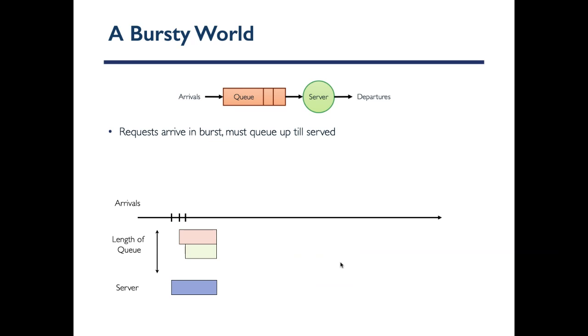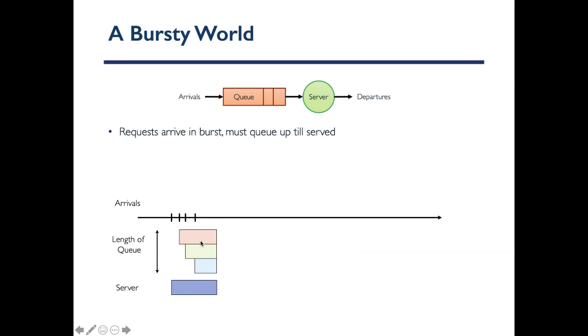Here's a graphical demonstration. Let's say the first arrival comes at this time. It spends some constant time in the server being served. Let's say the second comes at this point, the third comes at this point, and the fourth comes at this point.